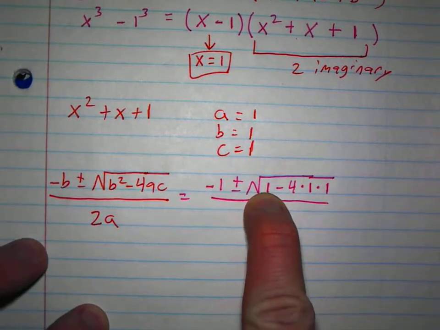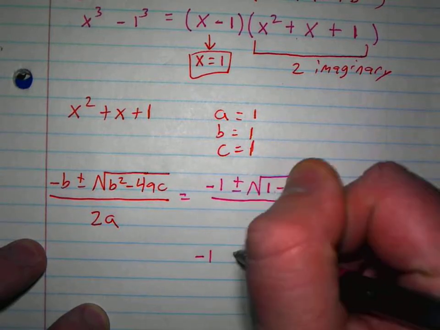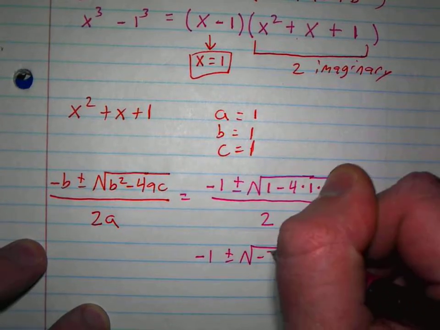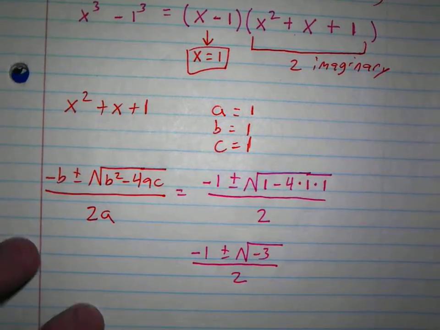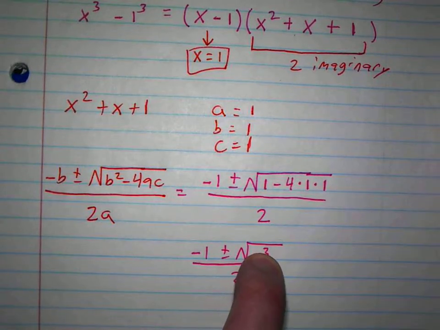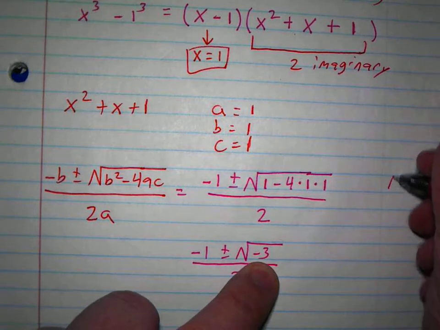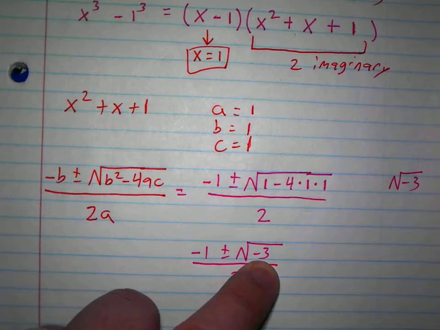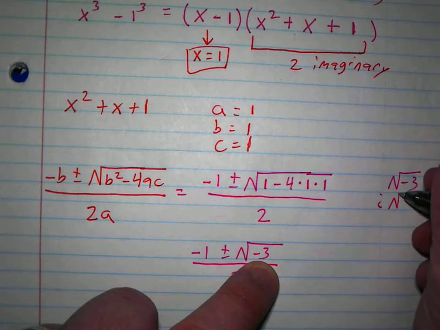Now inside my radical I get 1 minus 4, which is negative 3. The square root of negative 3, that's why it's imaginary, because it's the square root of a negative number. How do I reduce the square root of negative 3? Put the i out front, leaving square root of 3.